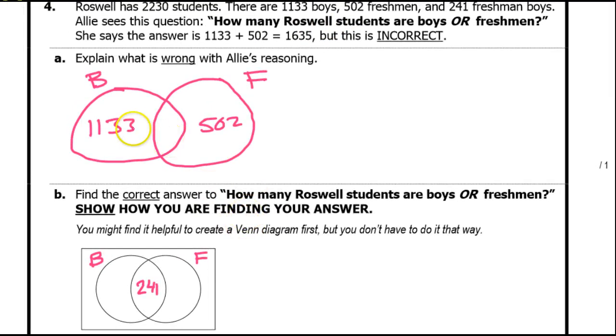All right, but the problem is she is counting the 241 students who are both boys and freshmen. She's counting them twice. Okay, so what she should have done was she should have subtracted that overlapping number from each group.